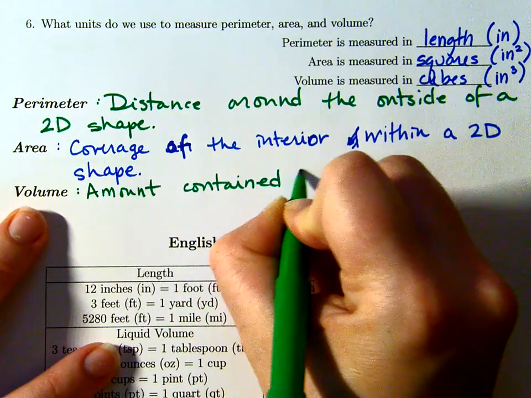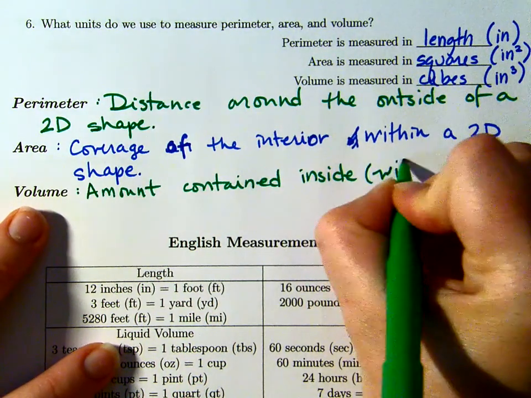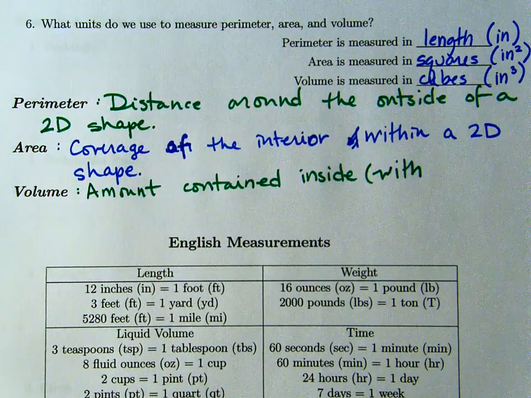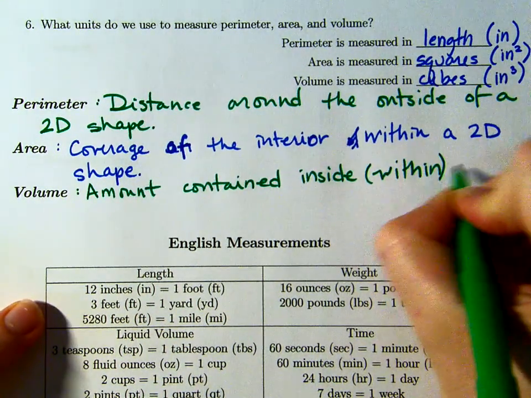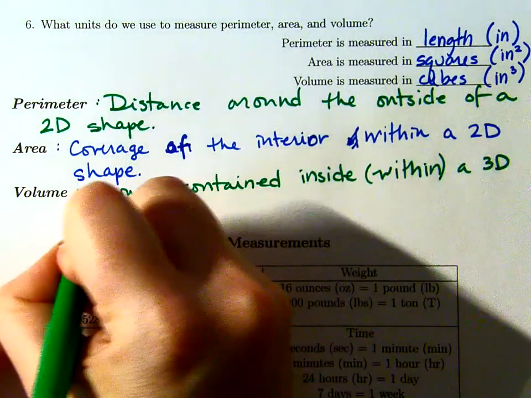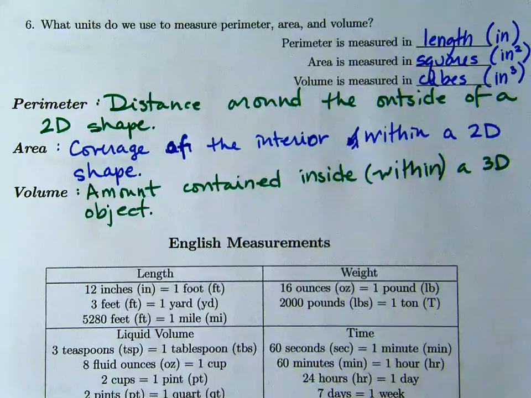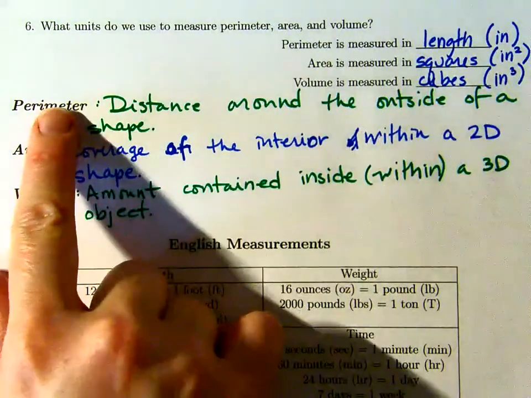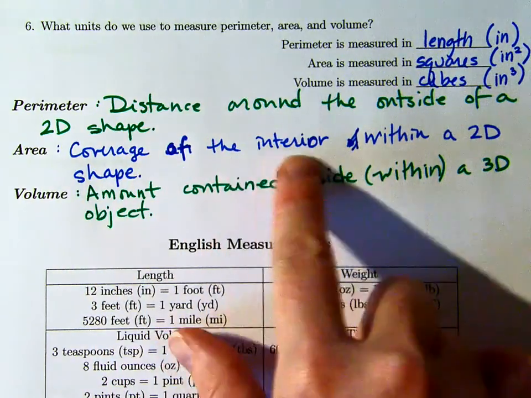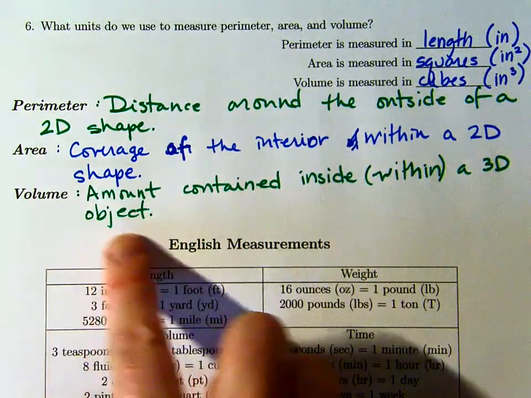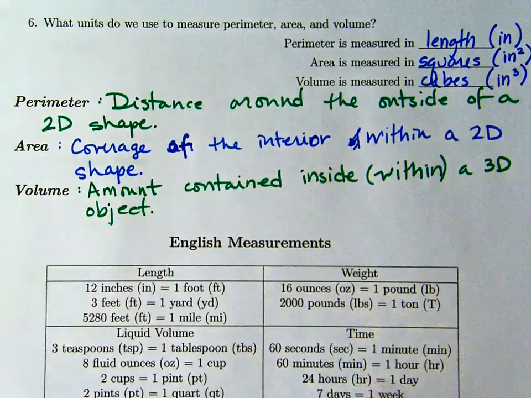Amount contained inside or within a 3D object. Okay, so perimeter, distance around the outside of a 2D shape. Area, coverage of the interior within a 2D shape. And volume, amount that can be contained within a 3D object.